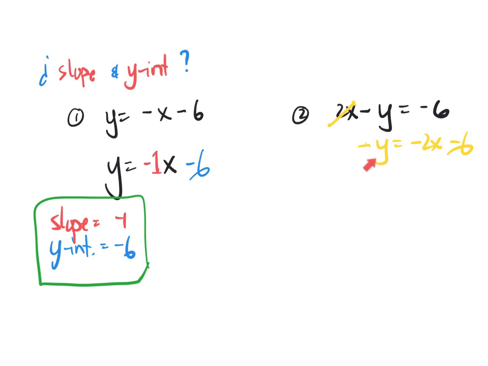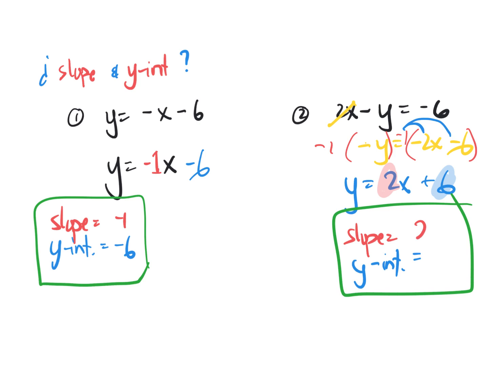And now we want to solve for y, so let's divide both sides by -1, or let's multiply both sides by -1. And we obtain positive y is equal to a -1 times a -2x, which is 2x. And a -1 times a -6 is +6. So the slope is 2, and the y-intercept is 6.